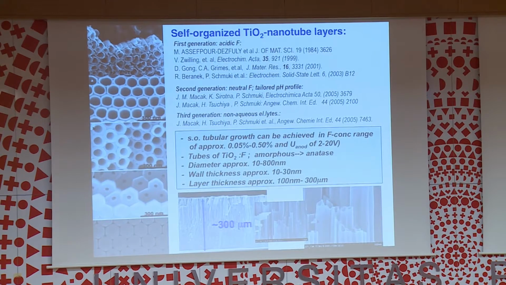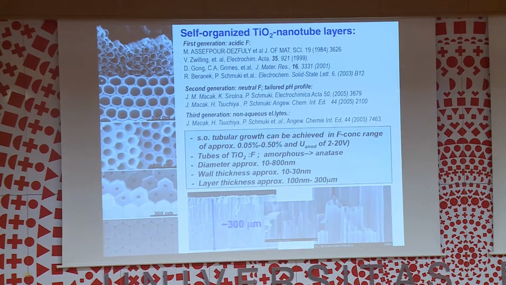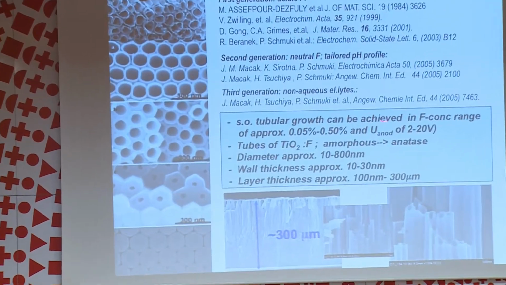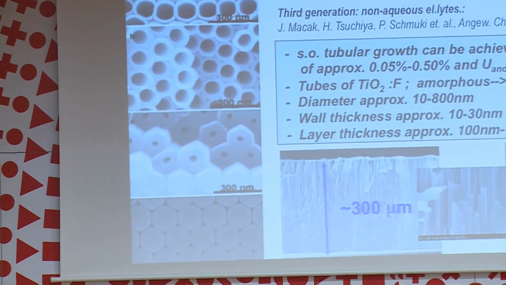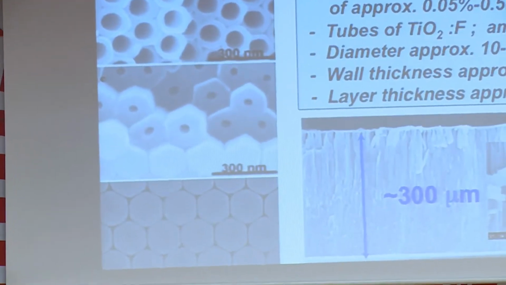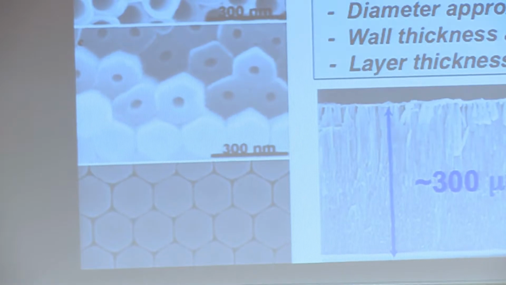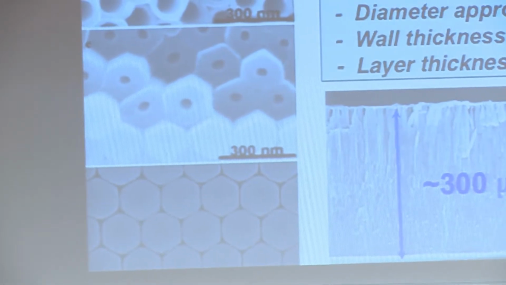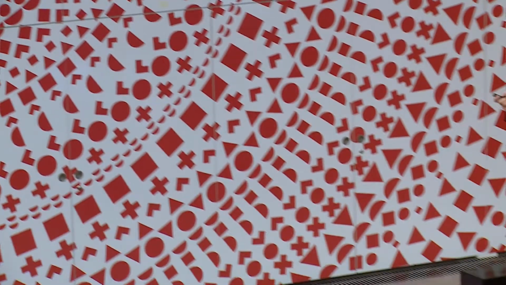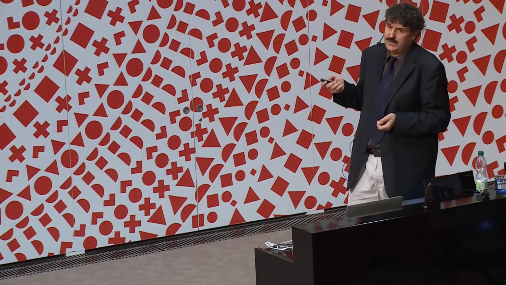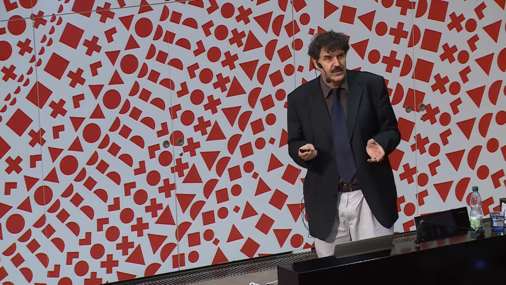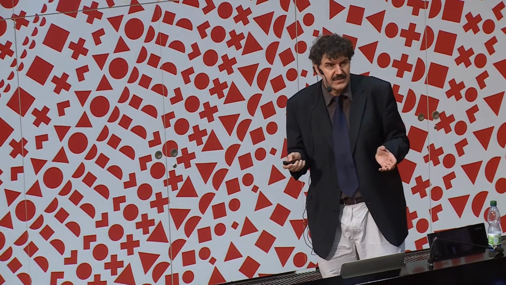So nowadays, one can grow self-organized nanotube layers in fluoride electrolytes in a certain concentration range, typically between about 0.05 and 0.5 weight% of fluorides, at an anodization voltage between about 2 and 20 volts. And this is the effective voltage that you use for anodization.